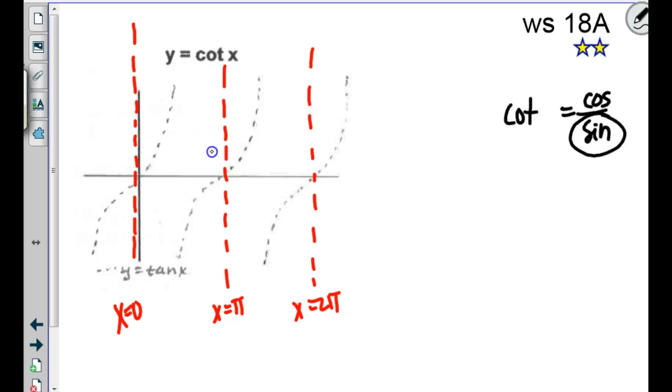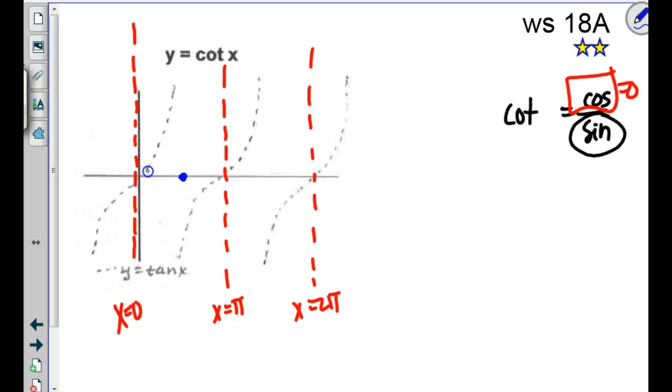The sine would start here. Okay, that's why those were zeros. But what would make it 0? Okay, if the cosine was 0. So if we graphed a cosine graph, it would have a 0 in here. Does that make sense to anybody that it's going to hit 0 in here.